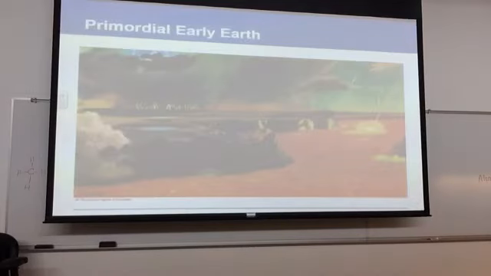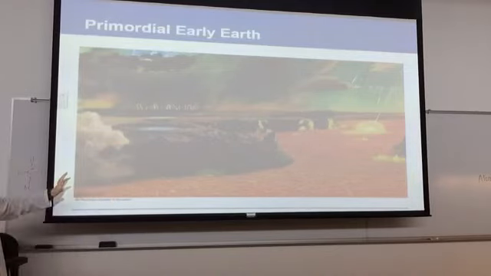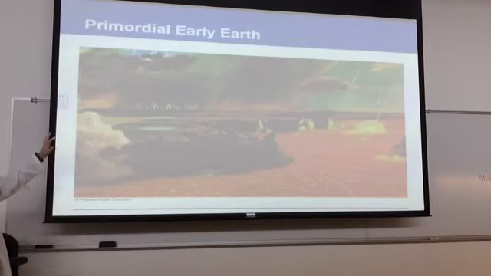Yeah, this is the picture your text provides, but you have lava and storms and water and rock and a lot of cloudiness and fogginess. You can see all the lightning in the back, but there's no life. This is again the hypothesized version of the Earth because we have no specific proof that this is how it was.